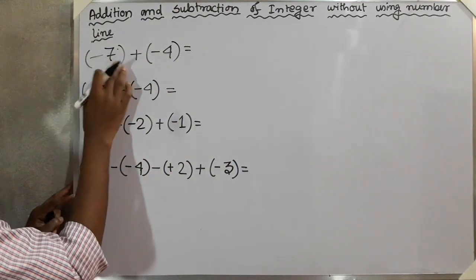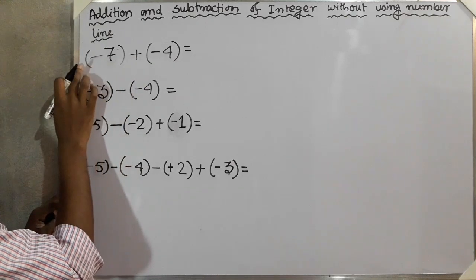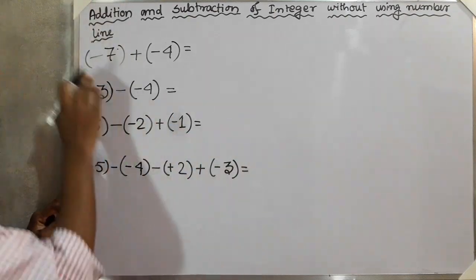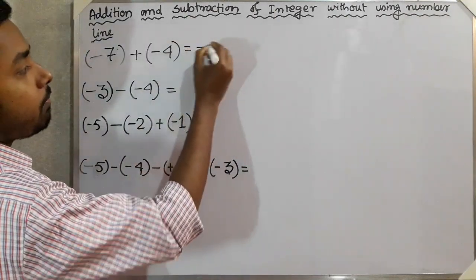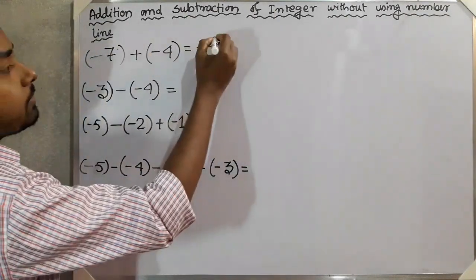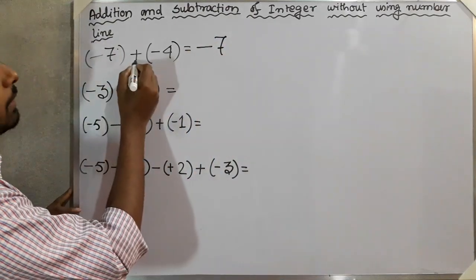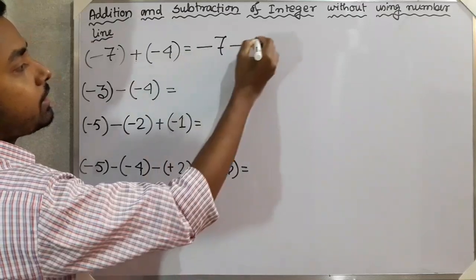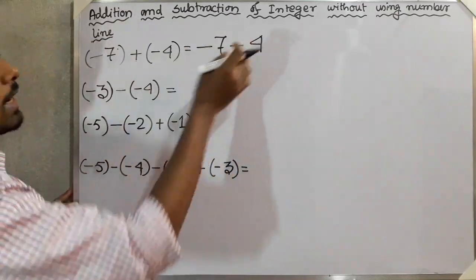So first of all, here it is minus 7, and before minus 7 there is no sign. No sign means we have to think it is plus. So plus into minus equals what? Minus, then 7. Now here plus and here minus. So plus into minus equals minus, then 4. Okay, now the bracket is removed.